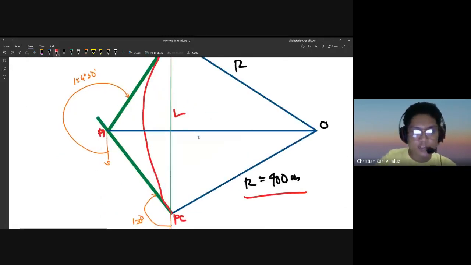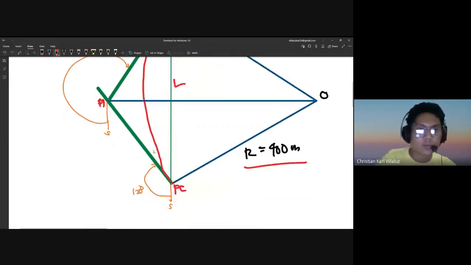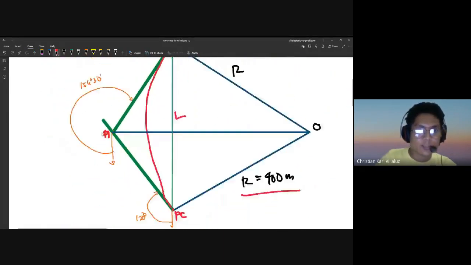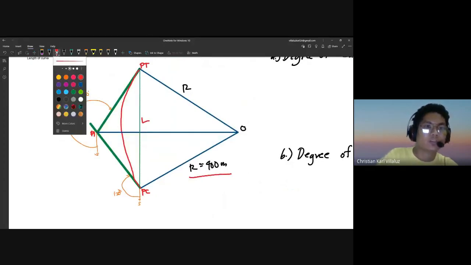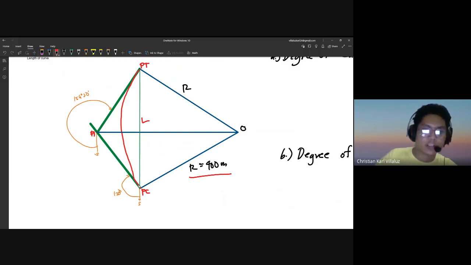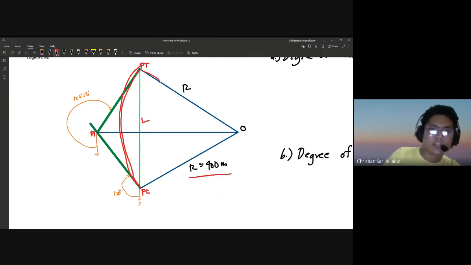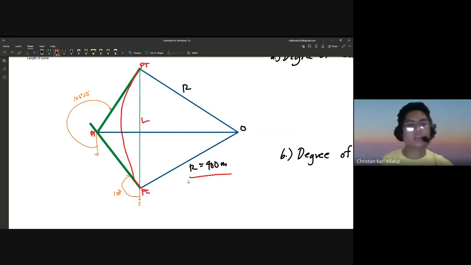Now, based on the given directions of the tangents, from that, we can compute the angle of intersection of the curve. Of course, class, where the tangents open, that is where you also draw the curve. So here are the tangents, in green, then there you put the curve of our simple curve. Then, draw a perpendicular line from the tangent so you can close our simple curve. And that's the final drawing.